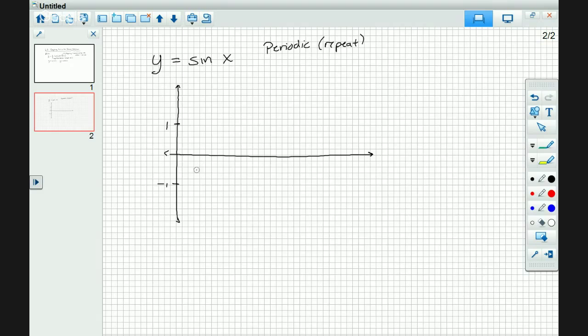And I like to break it into pi over 2, pi, 3 pi over 2, and then I'll have to extend 2 pi. Okay, that will be one period or one cycle, one repetition of this function.